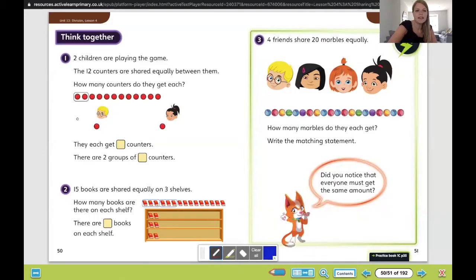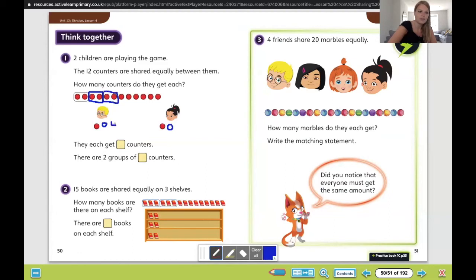So to make it really clear, you can see in this group of 2, the first counter is for the little boy and the second counter is for the little girl. So they've moved one counter here and one counter there. When we group the next group, we can move another counter for the little boy and another counter for the little girl. And we could do the same for each of these groups.